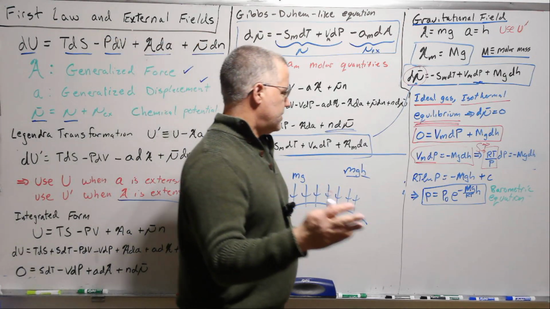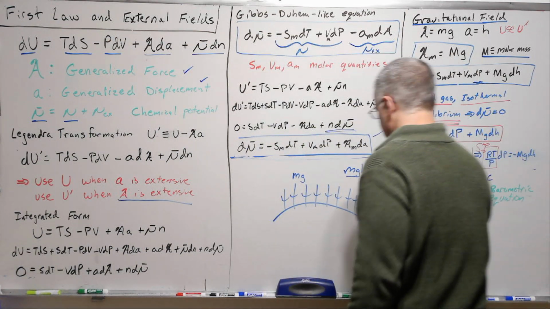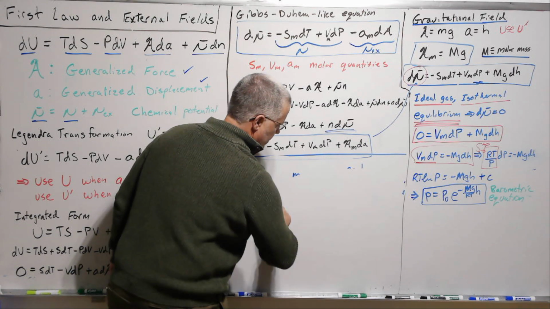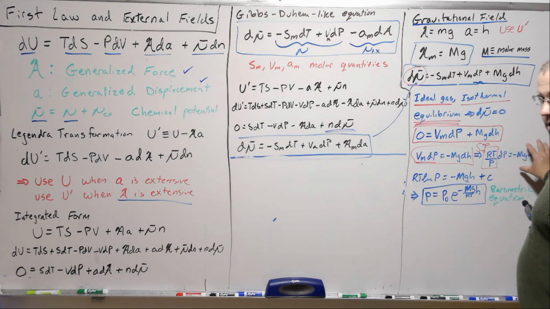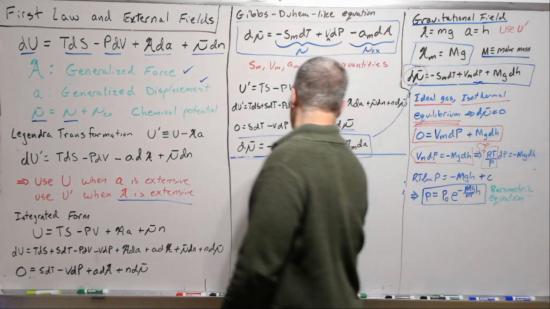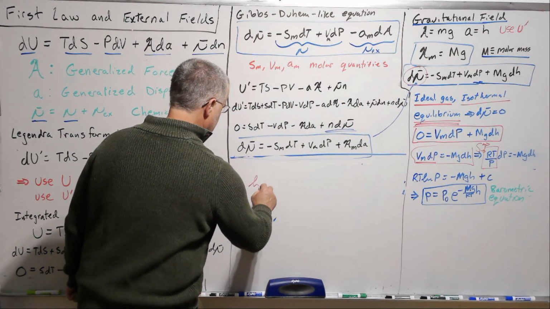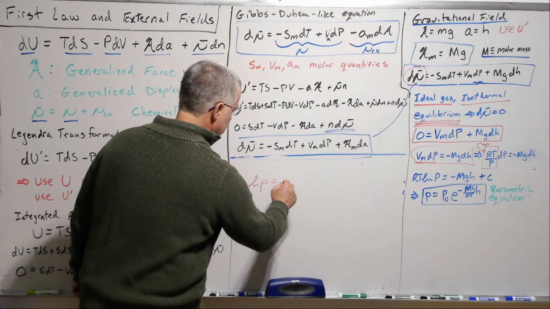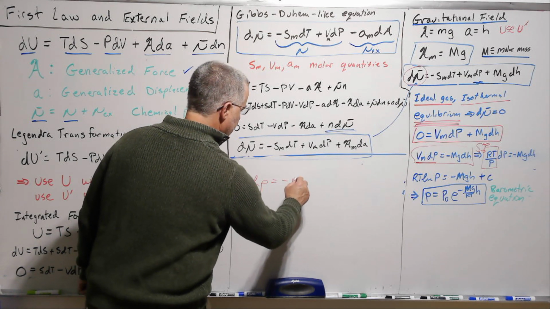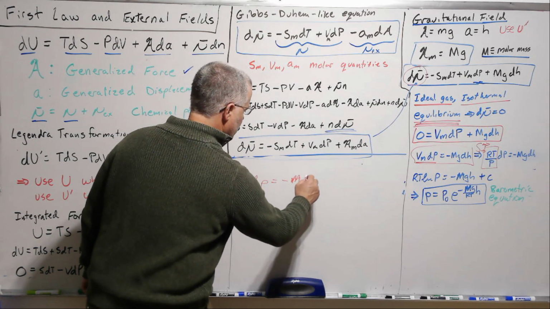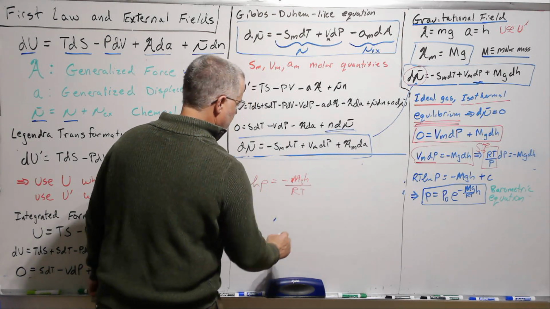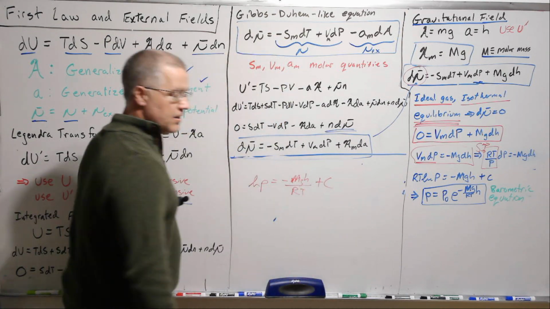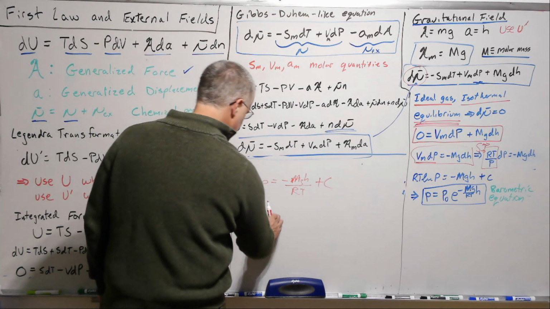All we've done here is integrate up this side. And so now I'll have ln P equals minus capital M g h over RT plus a constant. Then we'll exponentiate both sides.